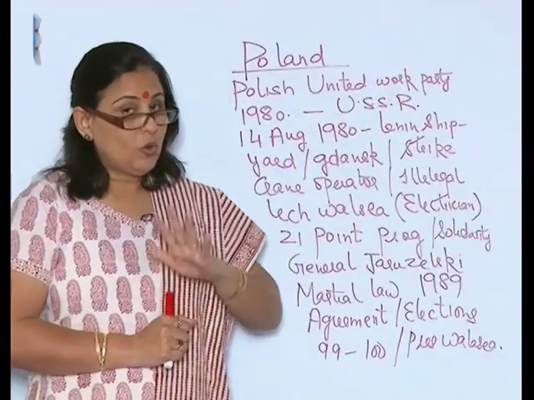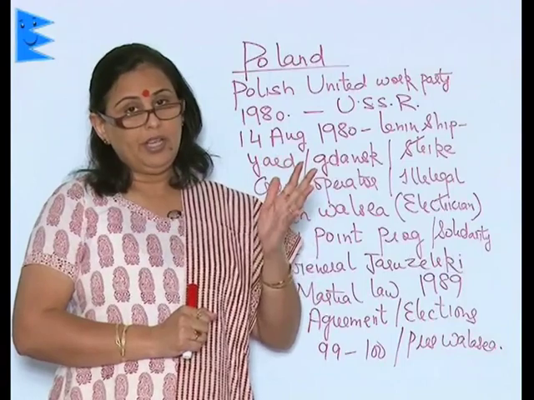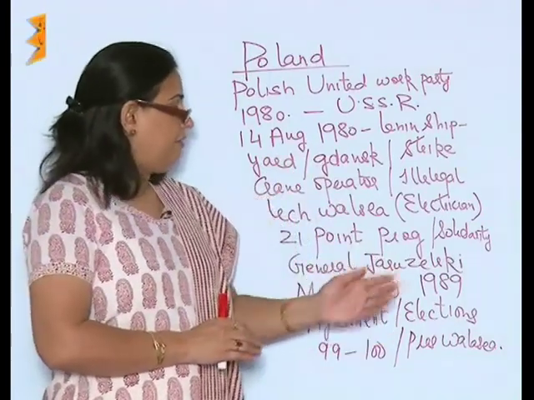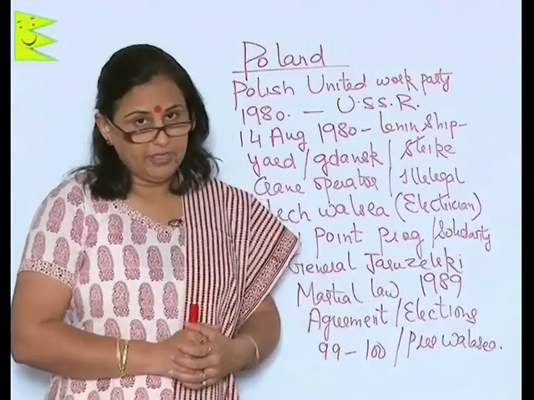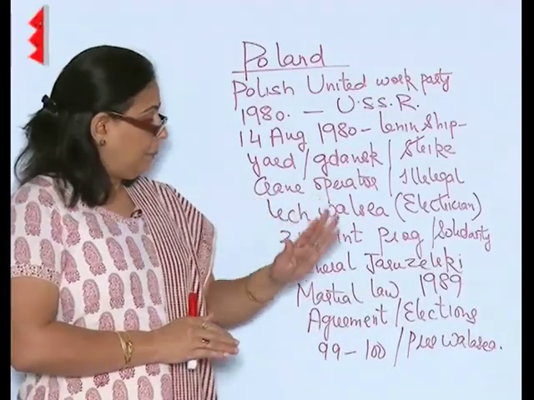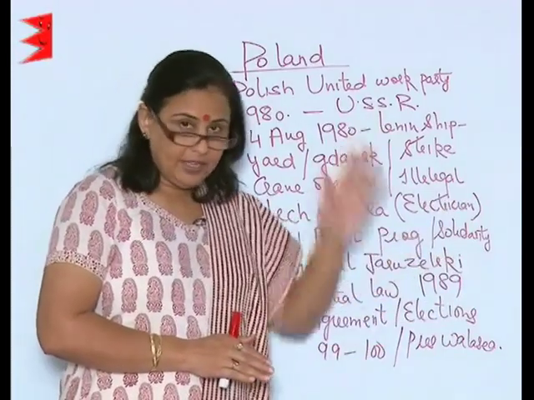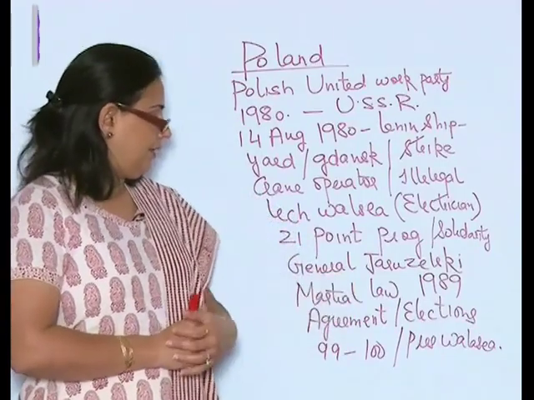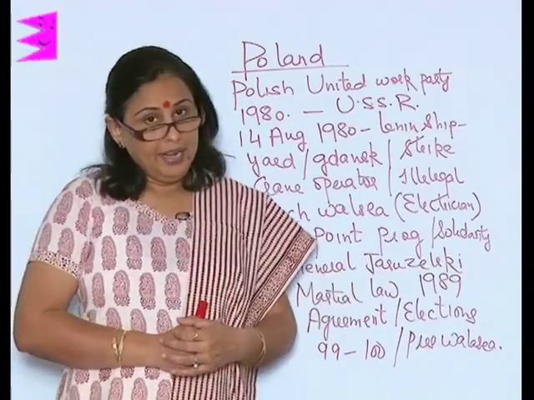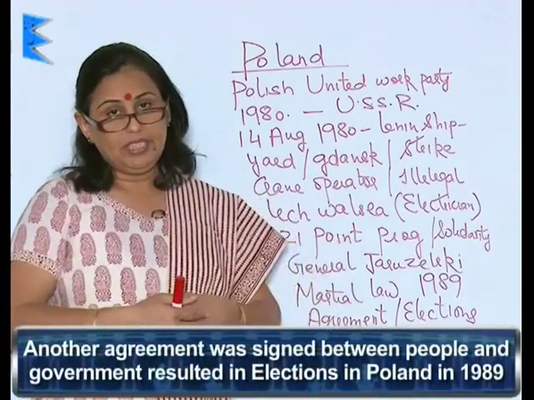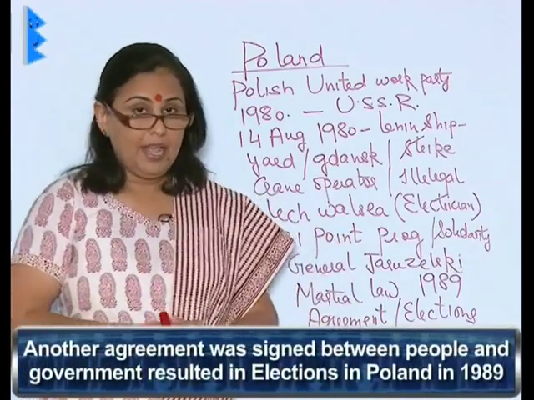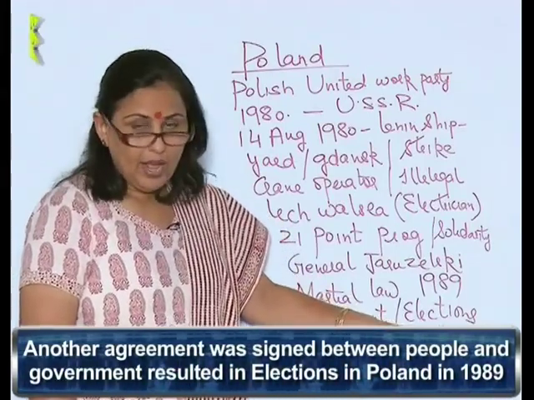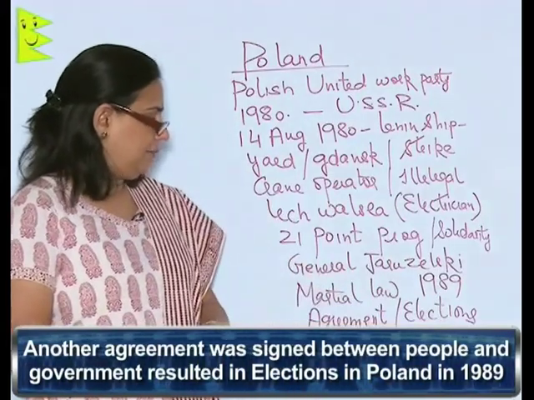But this also could not go in favor of the president, because the people had become very tough and they negotiated and fought against the general. Again, an agreement had to be signed between the government and the people, wherein it was decided to have elections in the country.